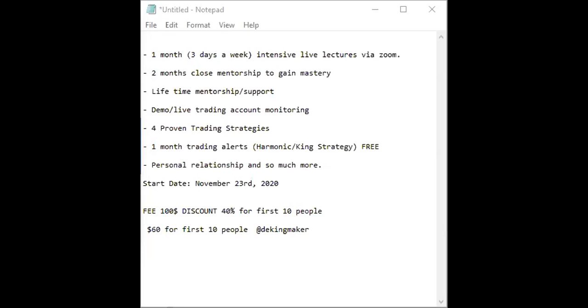So if you really want to take the master class and you are so sure you want to attend the lecture, it's better you utilize the opportunity of the 40% discount, instead of you paying 100.